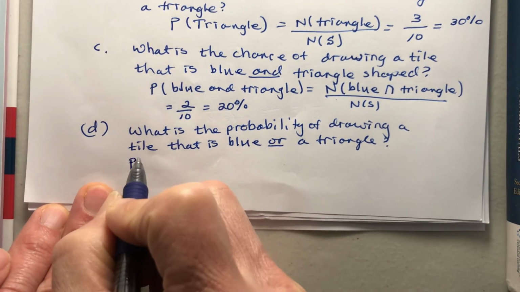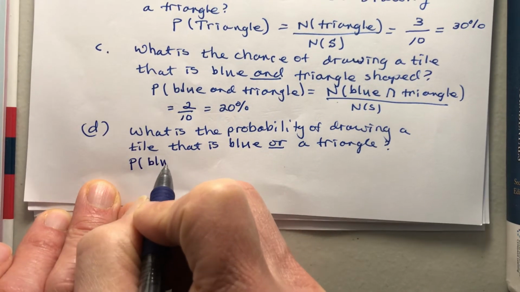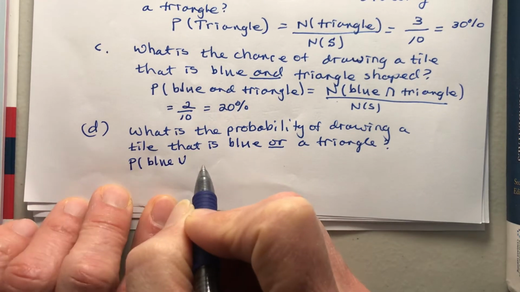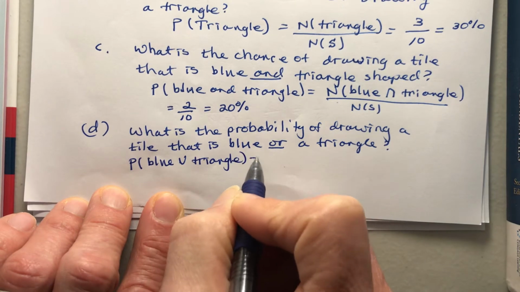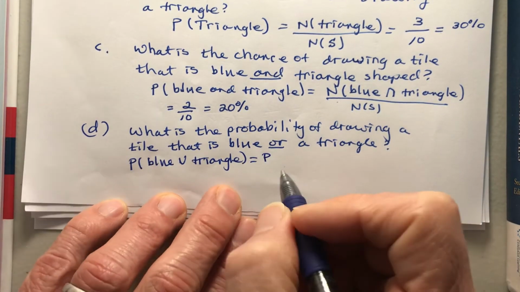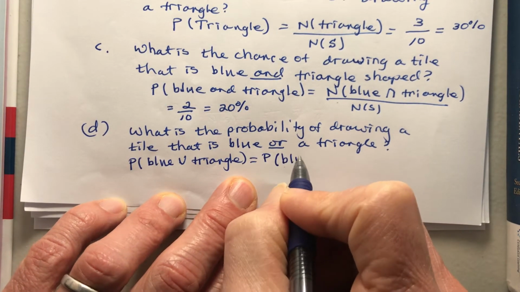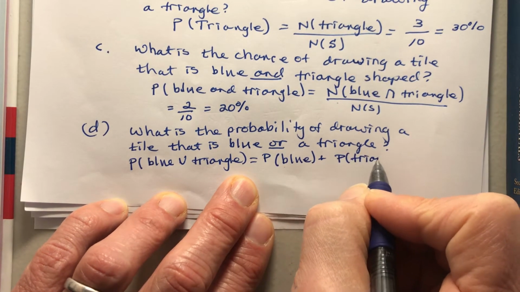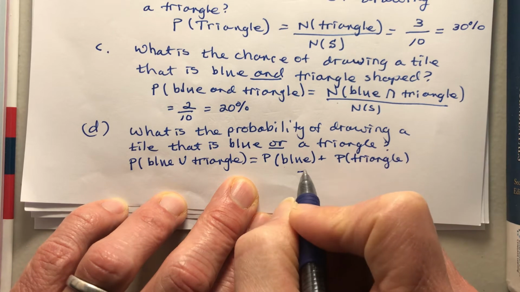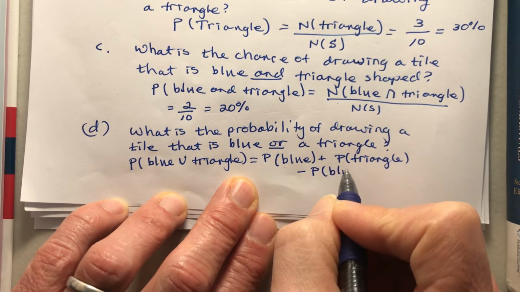This is probability blue, union or, triangle. And the way you find that is you use the sum rule. This is the probability of blue plus the probability of triangle minus the probability of a blue triangle.